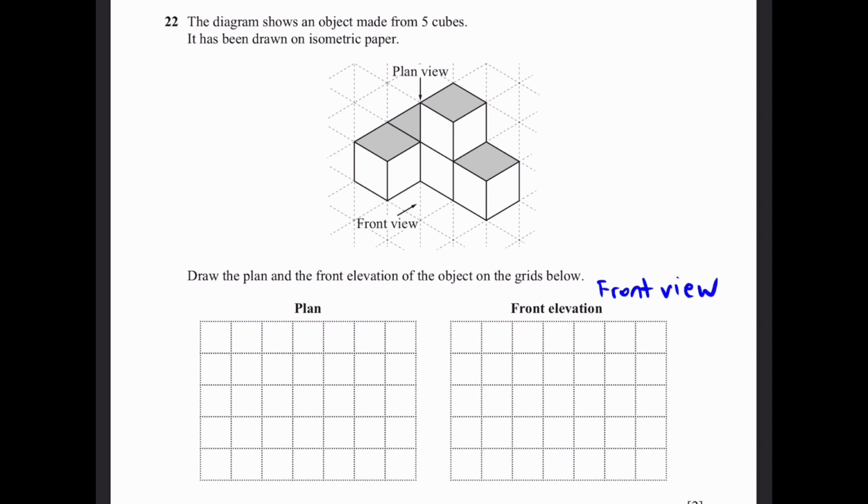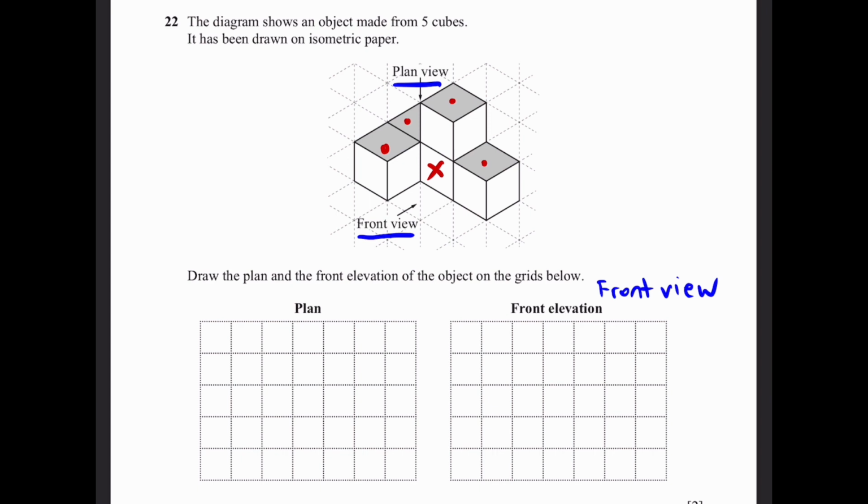Like when you look at it from perfectly front, as given here. The plan view is from the top. First, let's take the plan view. In plan view, we are seeing from the top, so we can see this cube, this cube, this cube, and this one. The cube over here is completely hidden.